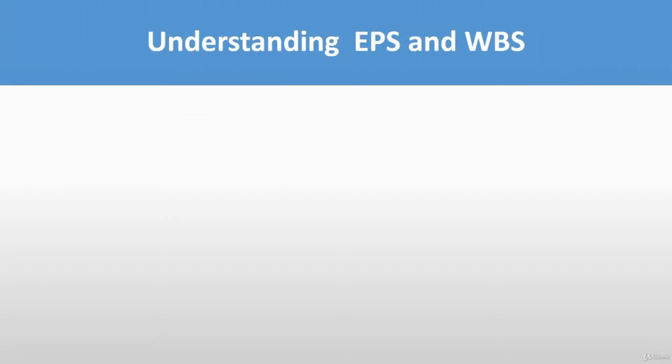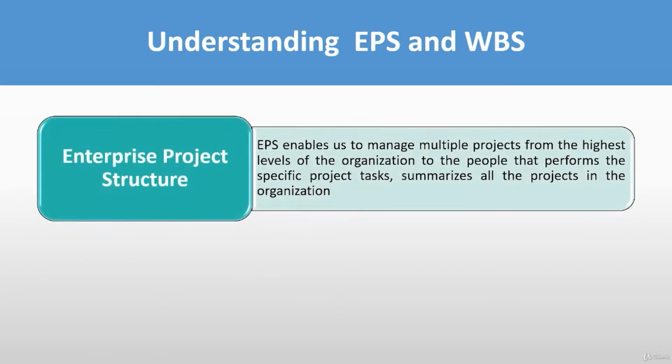Now let's understand Enterprise Project Structure or EPS. The Enterprise Project Structure or EPS enables us to manage multiple projects from the highest level of the organization to the people or resources that perform the specified project tasks.